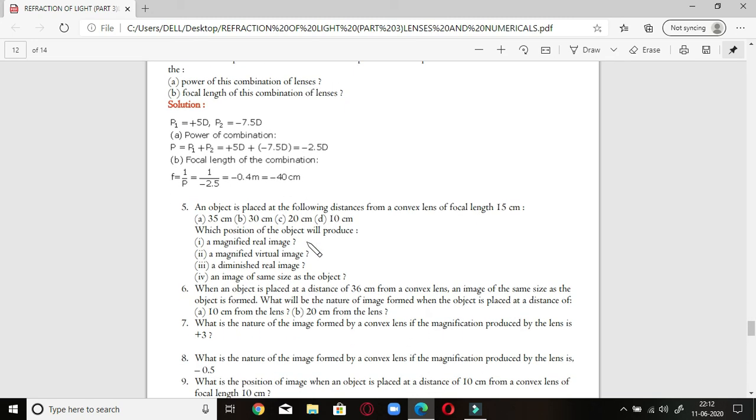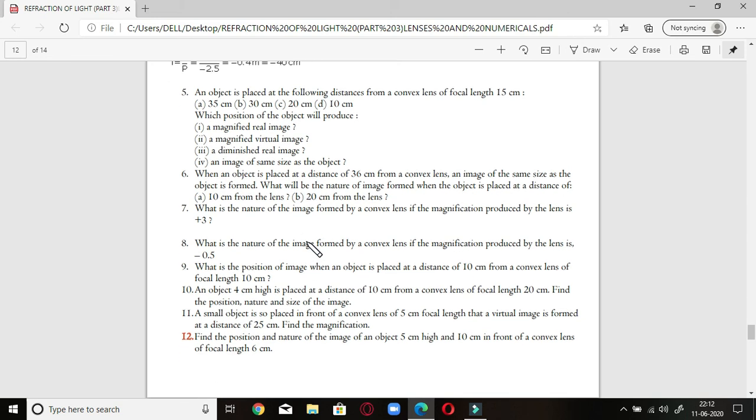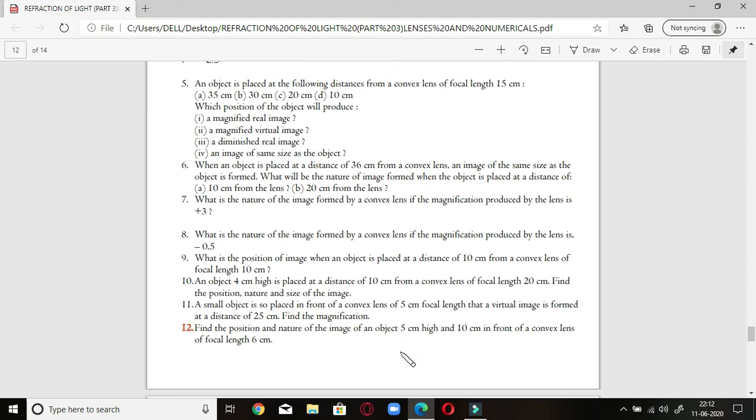I am giving you a number of questions here. Look here. These are all practice questions regarding the convex lens, various convex lens questions are there for you.